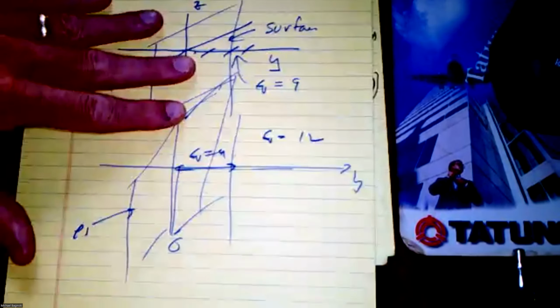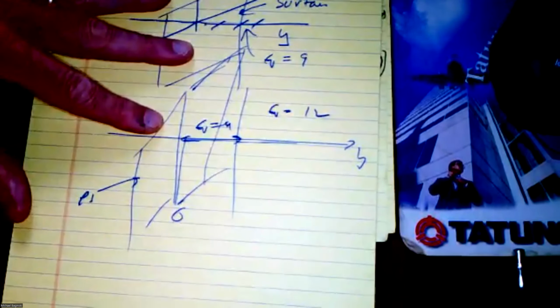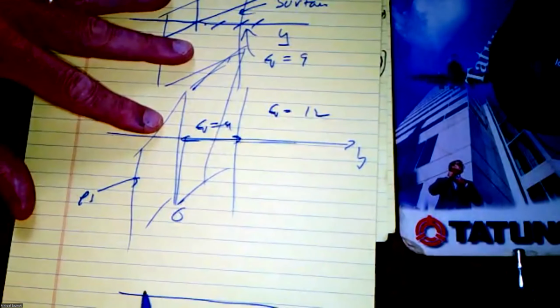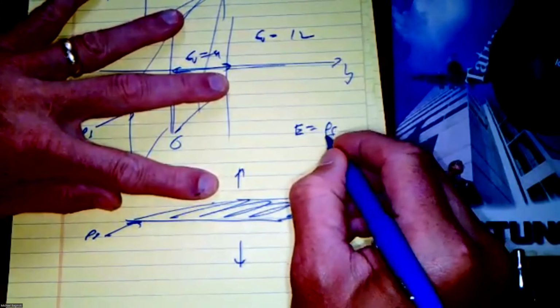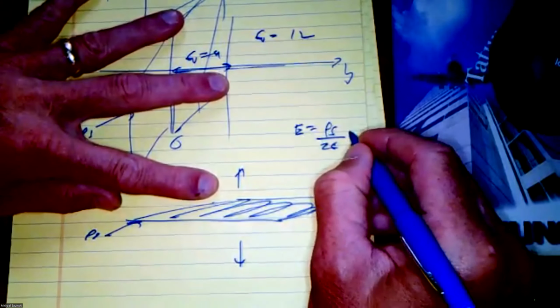It's hard to see this, but remember, if you have an infinite plane of charge, and I hope you remember this, with rho s on it, then above and below the plane, I said that the E field was equal to rho s over 2 epsilon a normal.